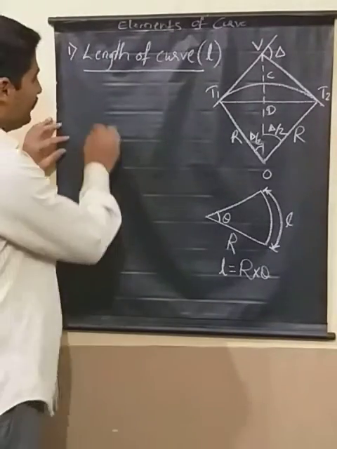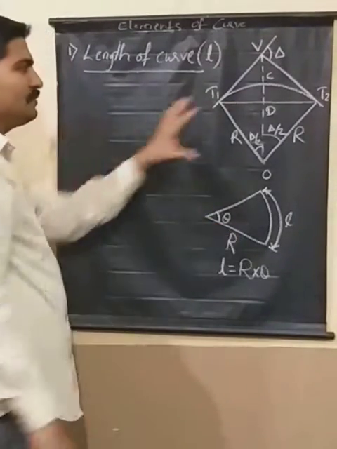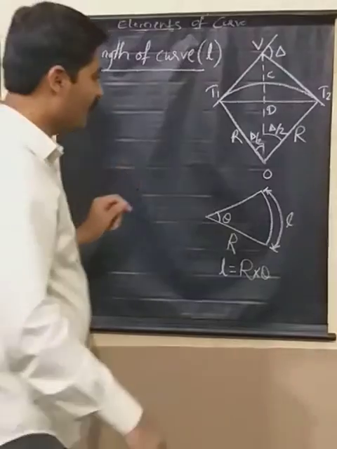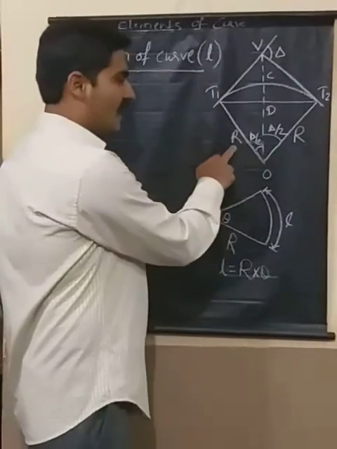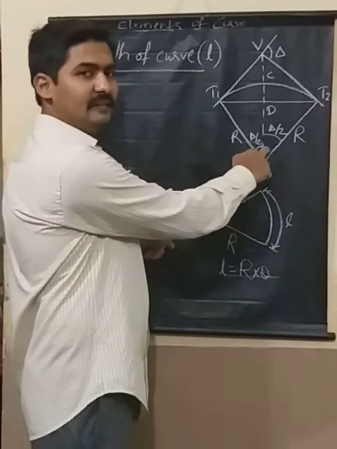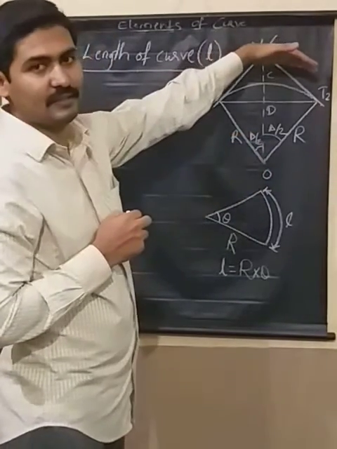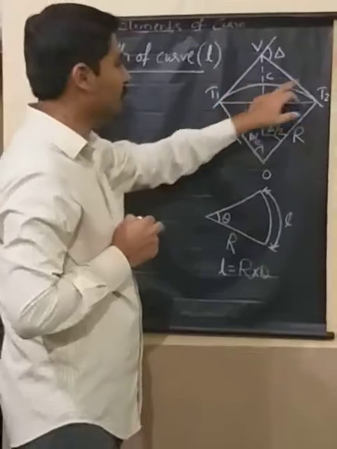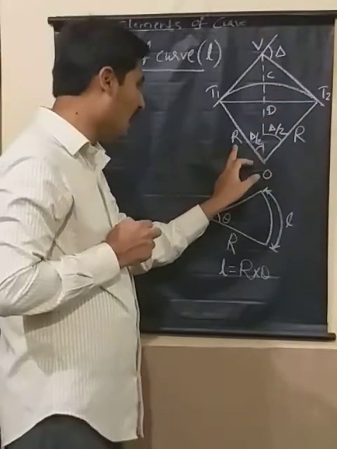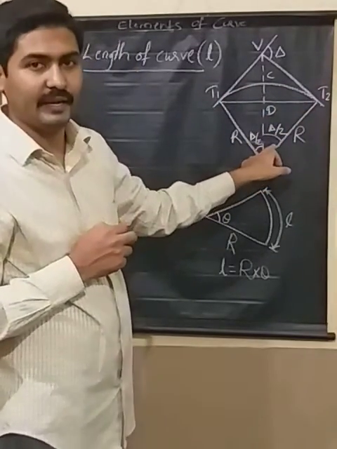Now the same technique I am going to use here. This is r and this is the central angle delta subtended at the center because of this curve. So the length of the curve will be equal to r into the central angle.